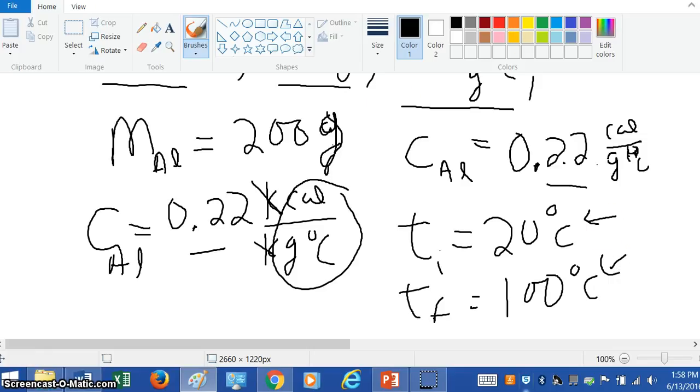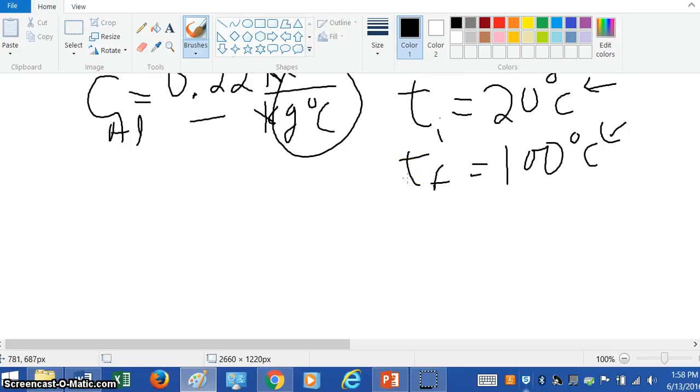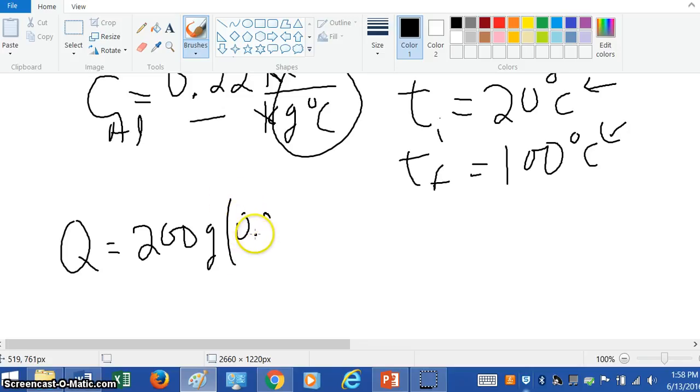All right, and so let's put all the numbers in, and so Q, our amount of heat in calories, is going to equal 200 grams times the specific heat, which we know to be 0.22, and of course that's calories per gram degree Celsius.